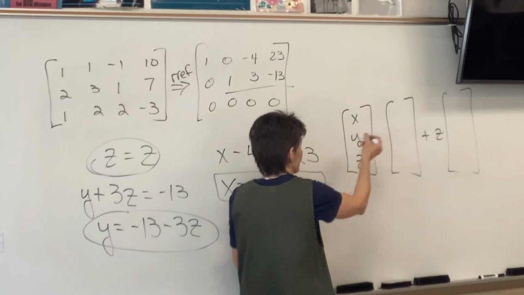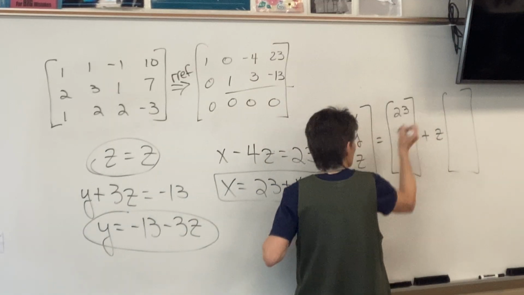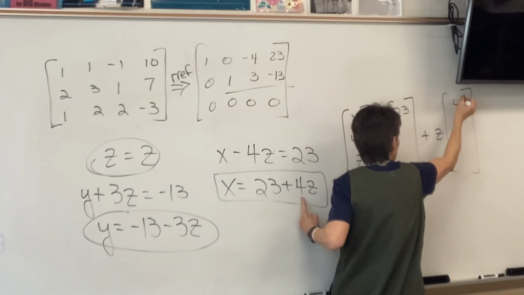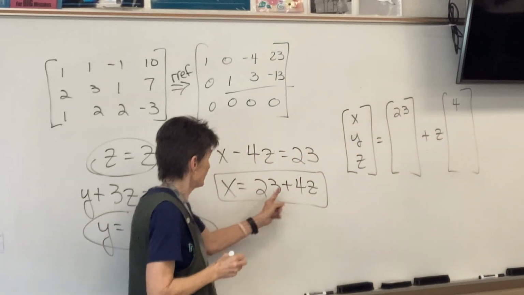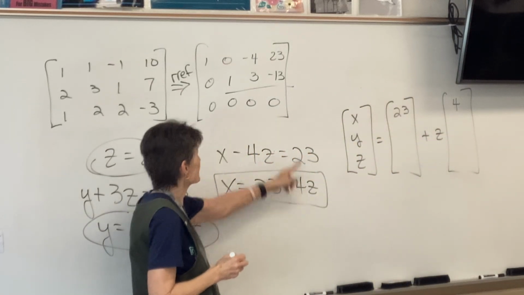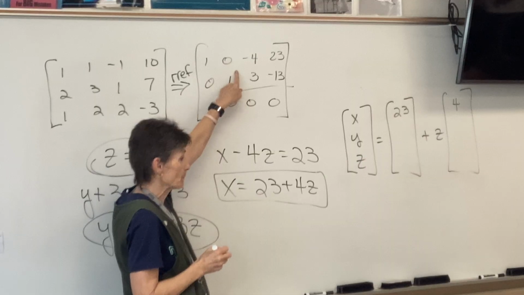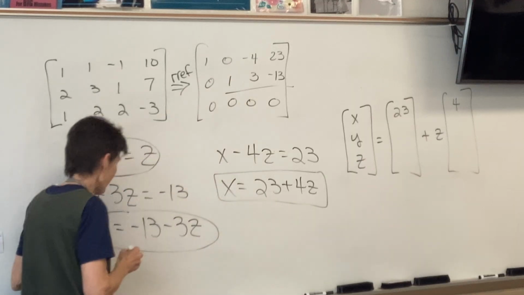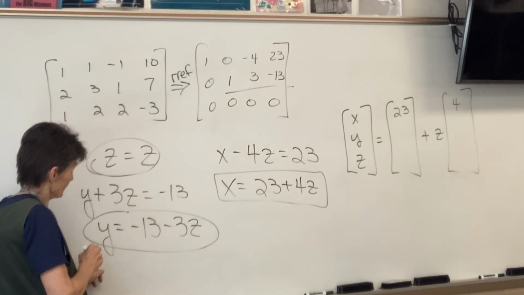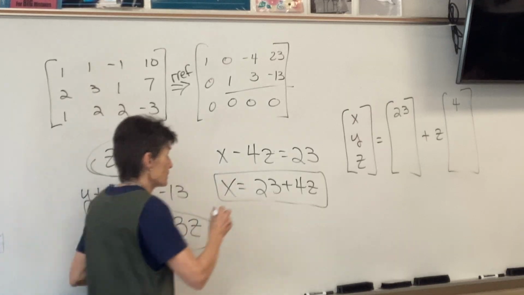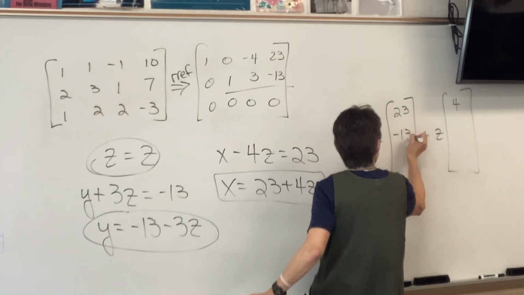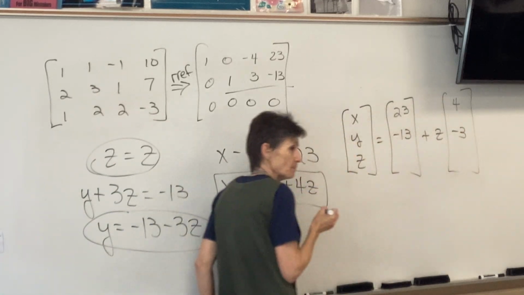So x is 23 plus 4 z's. 23 plus 4 z's, that came from the top equation. Now what about y? What's y? Negative 13 minus 3z.